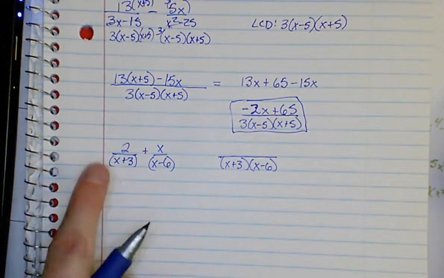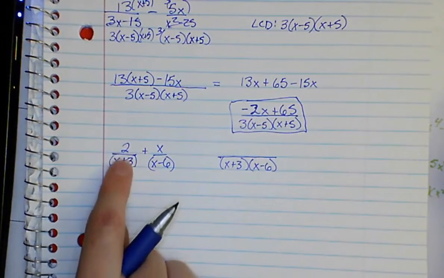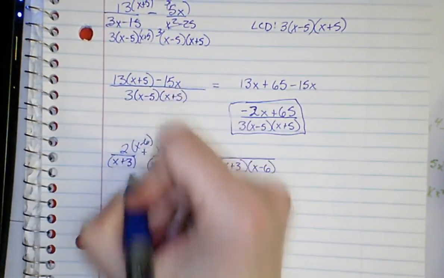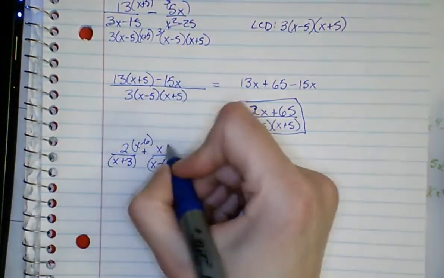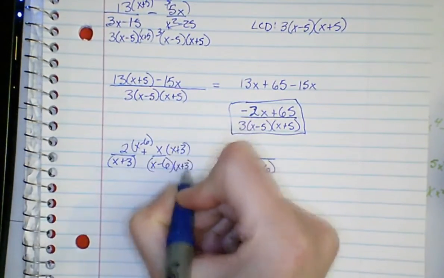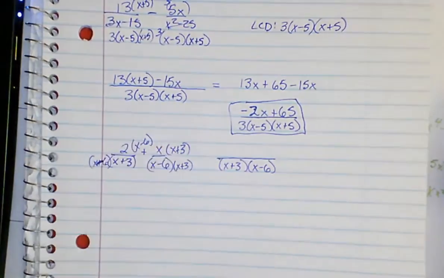It's just x plus 3 and x minus 6. And then what we're going to do is multiply this first one by x minus 6 for it to match, and x plus 3 for the second one to match. And whatever you do downstairs, you have to do upstairs.